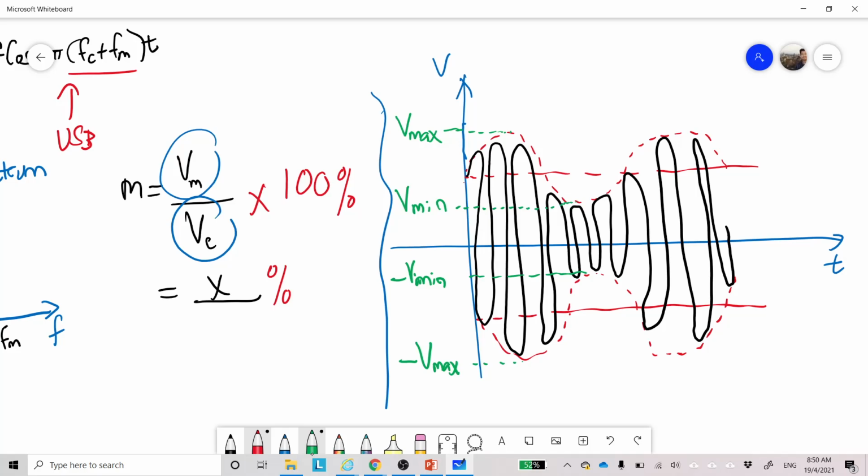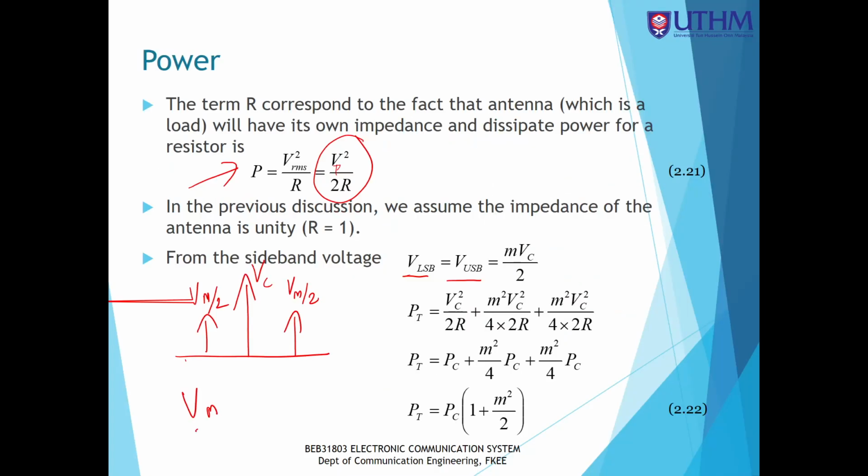So we have seen about VLSB and VUSB. Ini kita dah lihat sebelum ni. So here, this one is VC, this one is VM over 2, this one is VM over 2. VM over 2 is also equal to MVC over 2.